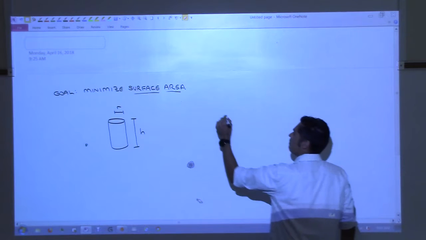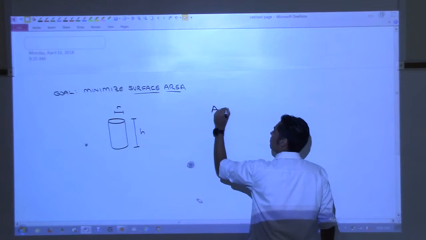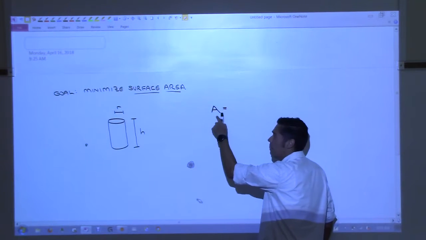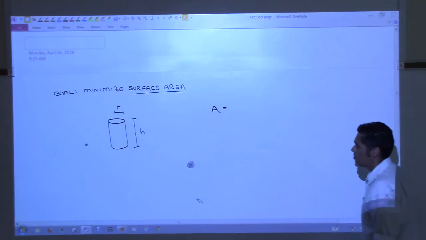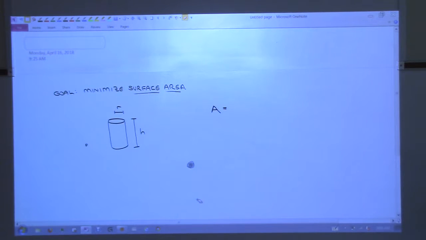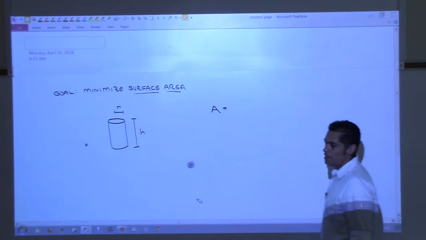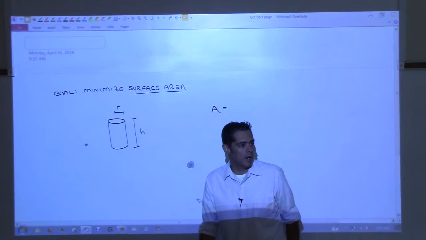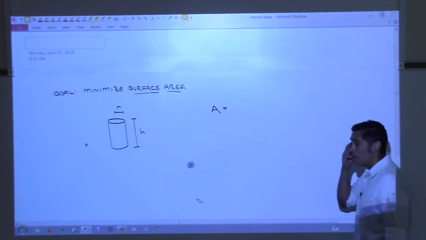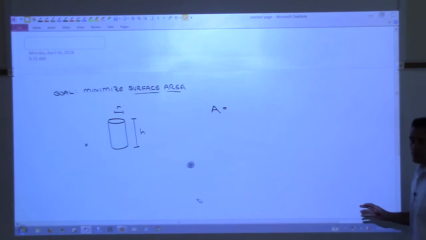Now I'm just going to write A equals, by A I mean surface area, all right? So what is the surface area of that can? Well, I'm sure there's a formula somewhere in a book, but let's try and do it without any formulas out of books.